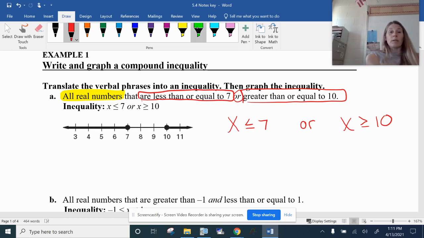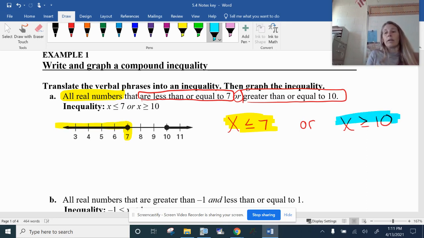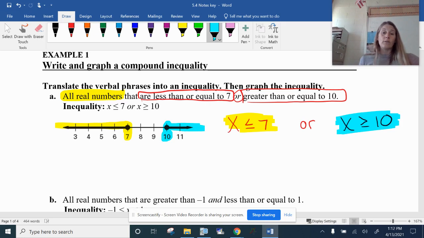Now the first one here, x is less than or equal to 7, is represented by the filled in circle at the 7 going to the left. The second inequality here, x is greater than or equal to 10, is the solid circle at the 10 and then going to the right. So each of the two inequalities is represented by the two sides.